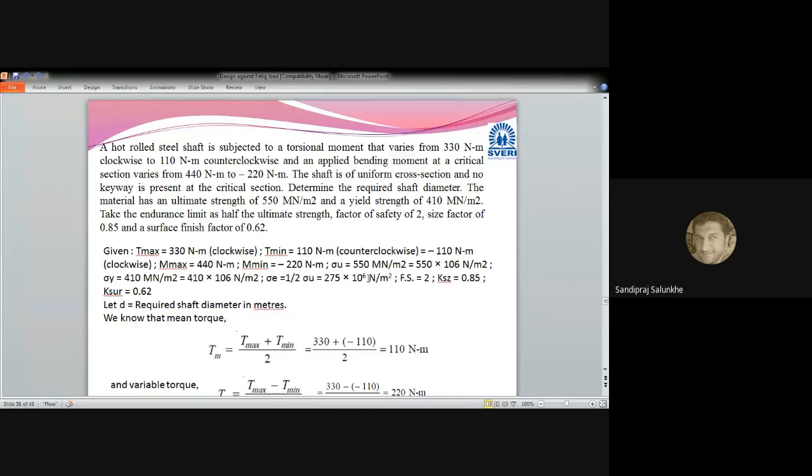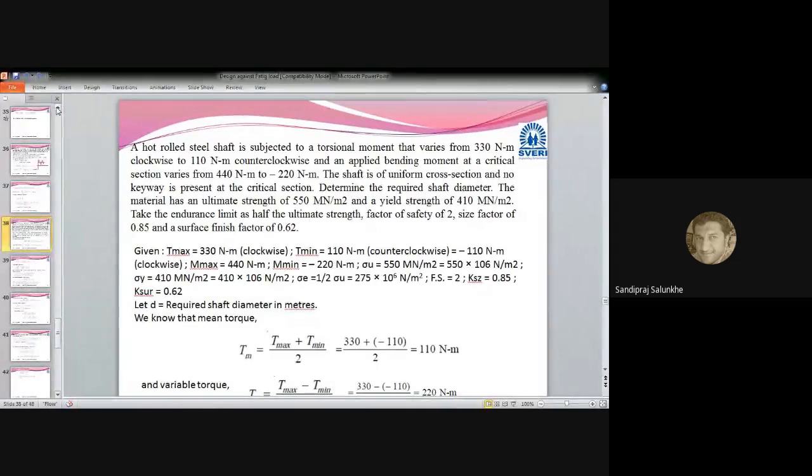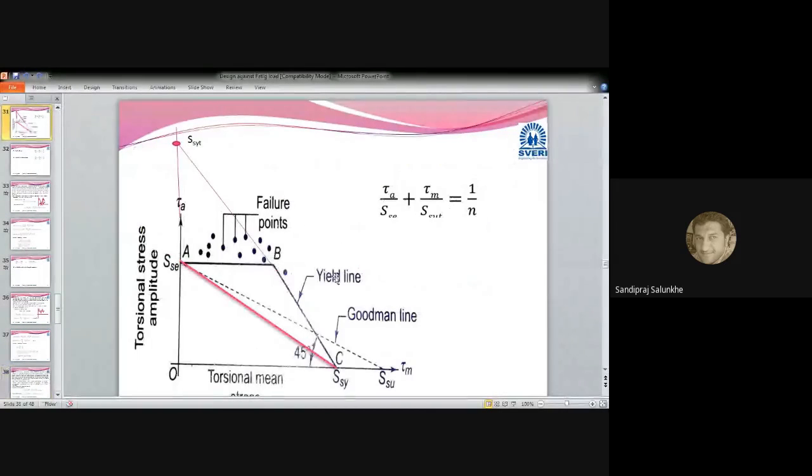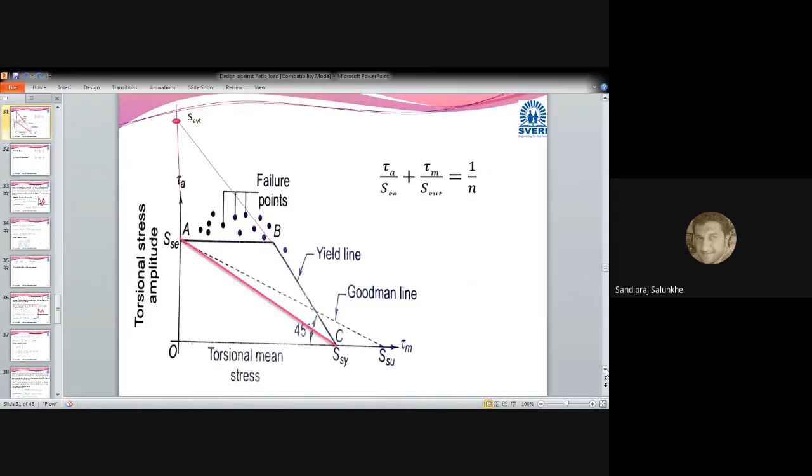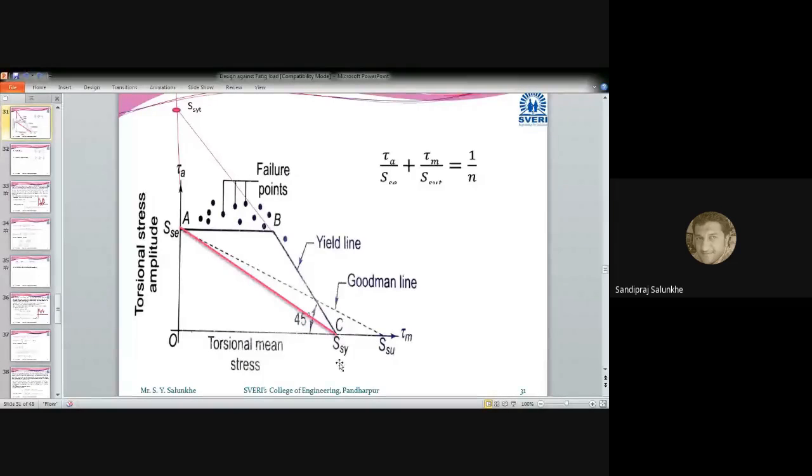If you remember, in the lecture before last we discussed that diagram, which we can use for shear stress also, that is for torsional stress also. We do have that diagram. This is for the shear one, where we consider the torsional stresses, shear yield strength, and shear endurance limit, that is ultimate stress and shear endurance limit.